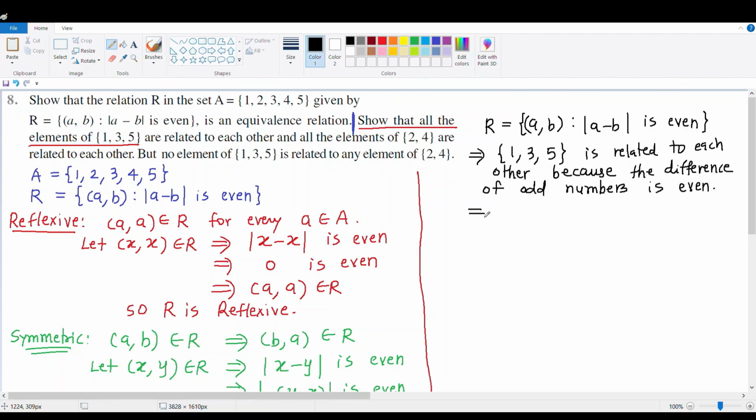Now we need to show that these 2 comma 4 elements are related to each other. So 2 comma 4, they both are even. So again the difference of 2 comma 4 is going to be even, right?